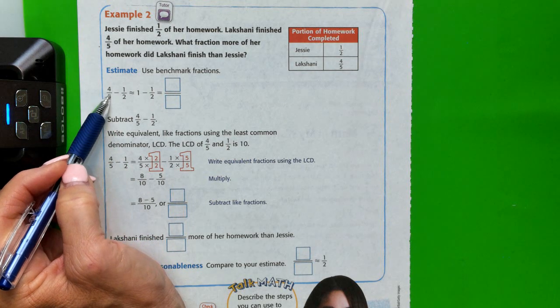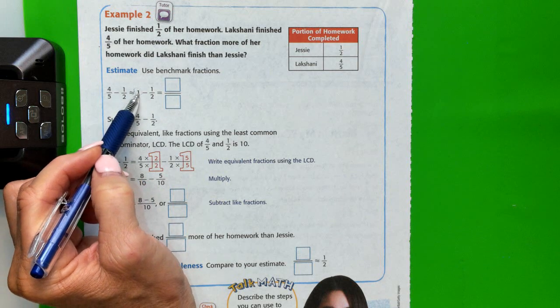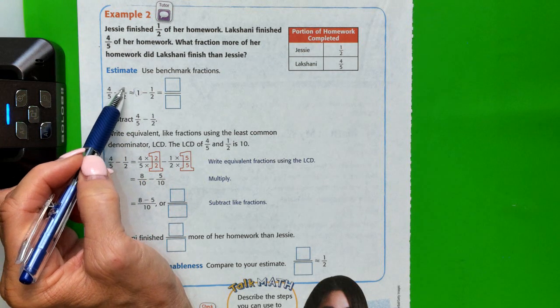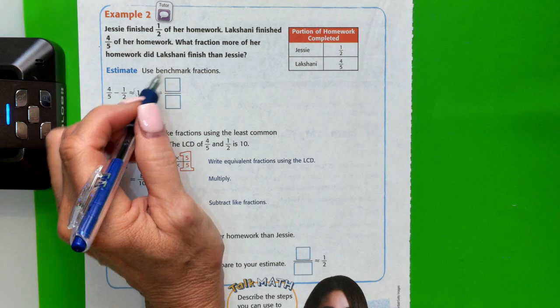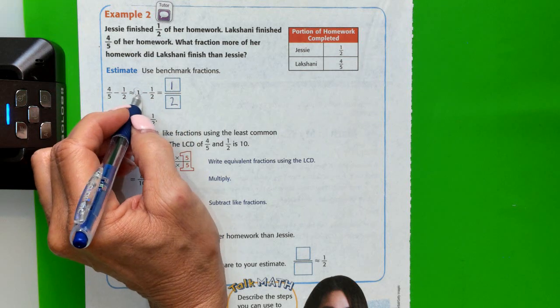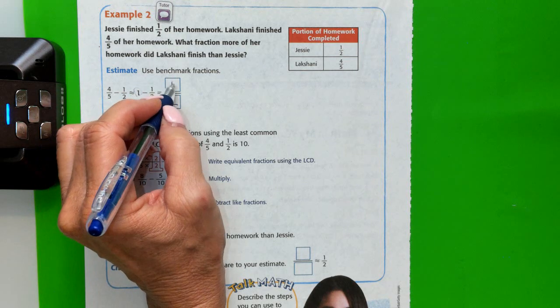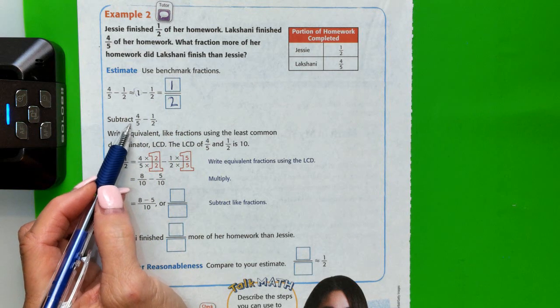We know that 4/5 is practically 5/5. So that is going to be a whole. That's 1. And we know that 1/2 is 1/2. So we're guessing that our answer is going to be somewhere around 1/2 because a whole minus 1/2 leaves the other 1/2.